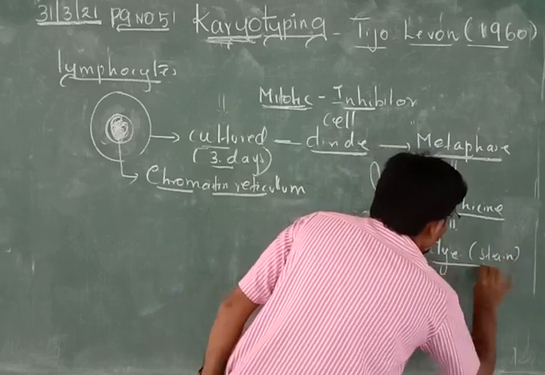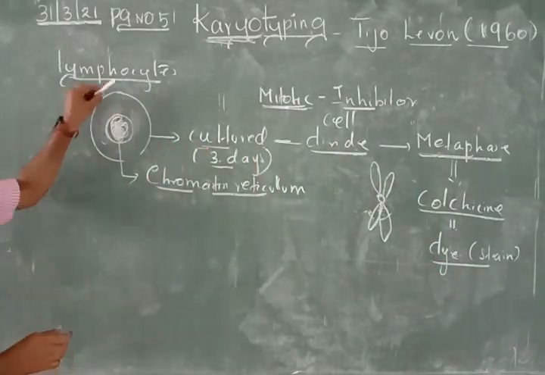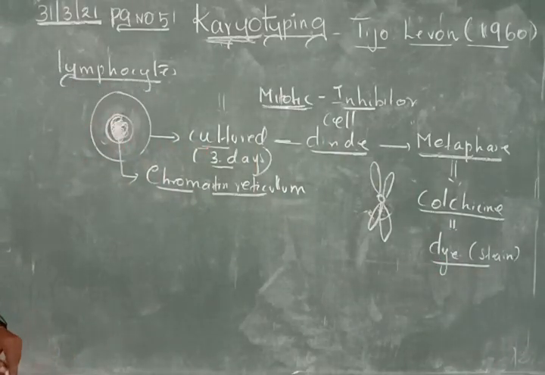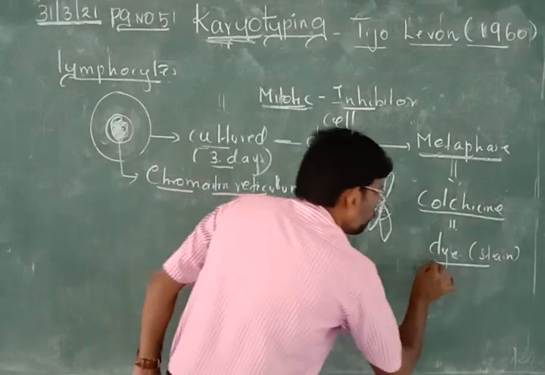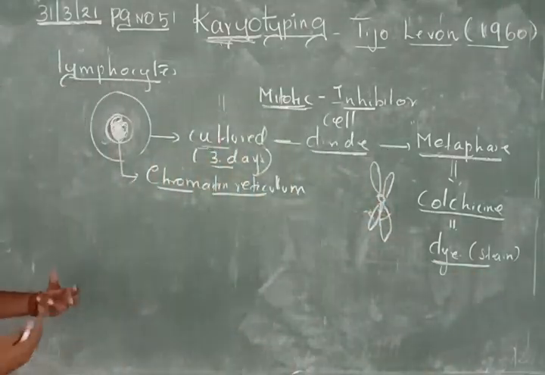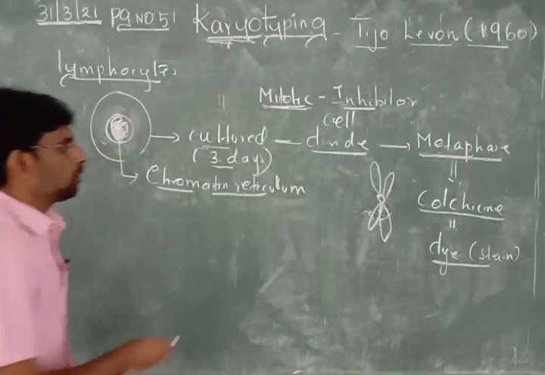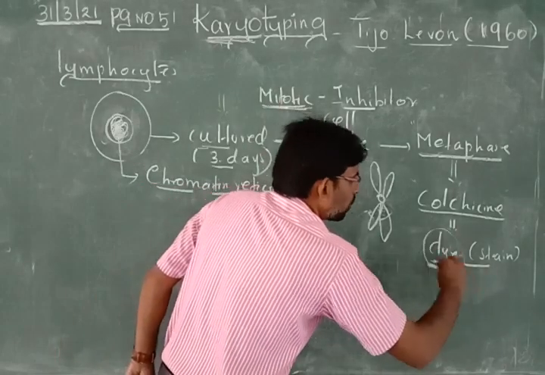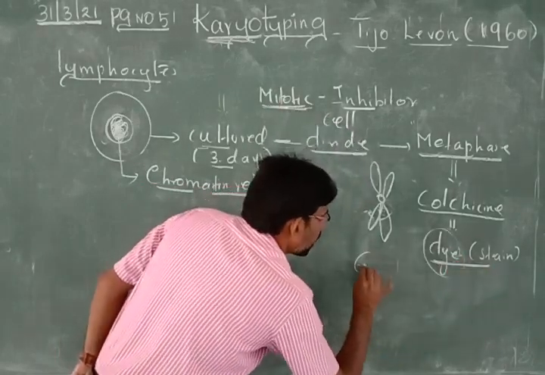So for this cell division, we are using a particular dye. The dye name and everything is not given in the book, but still you should know. You learn that. So we use a particular dye called Giemsa dye.